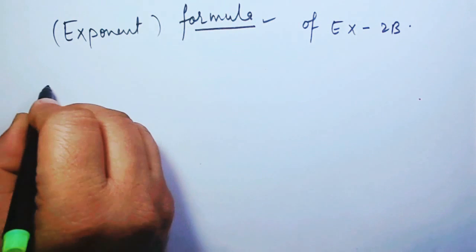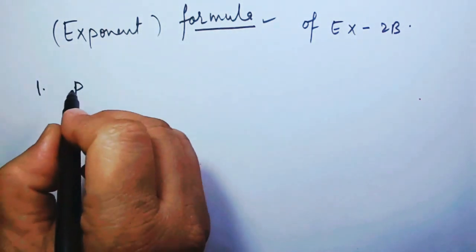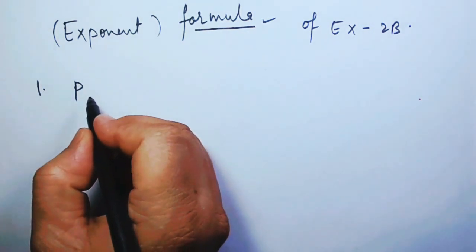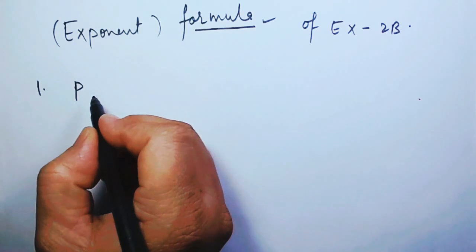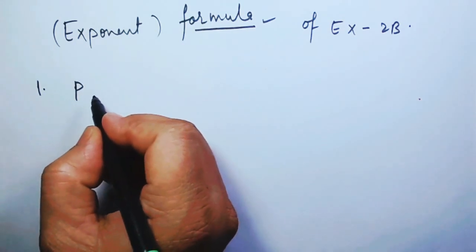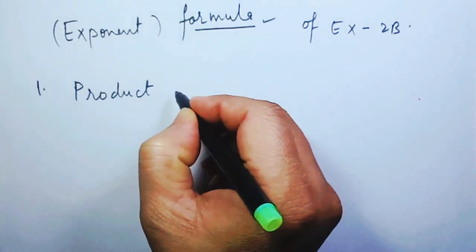For example, the first law is, and I'm sure if you go through this particular video, your entire concept will be clear, because nothing nonsense is taught over here. Come on, product law. Product means multiplication.